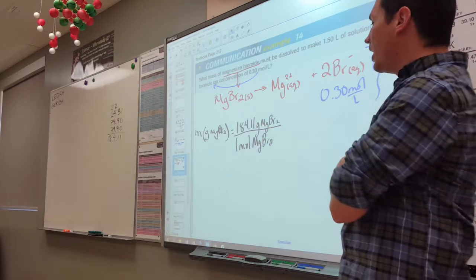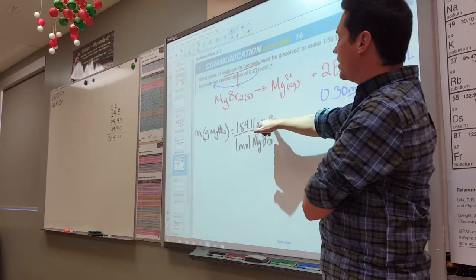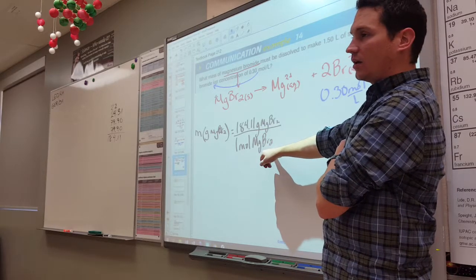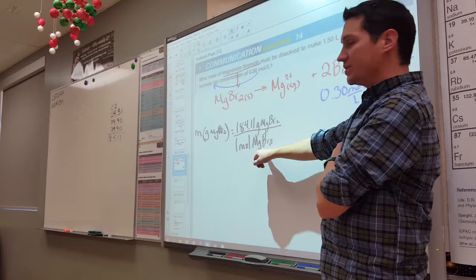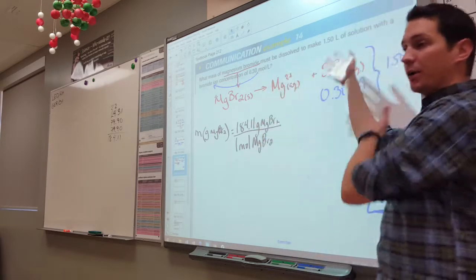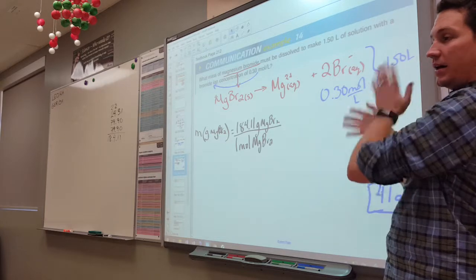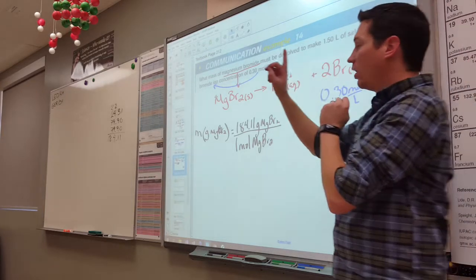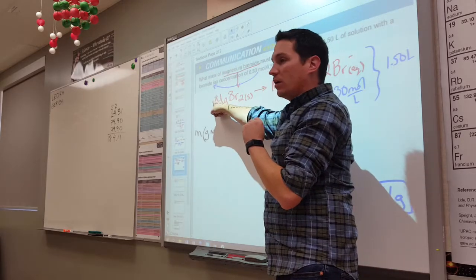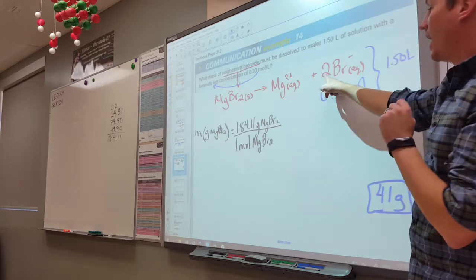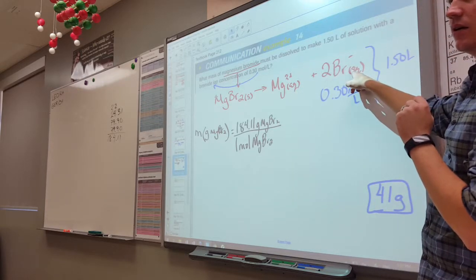But it's important for us to do that. If I want grams of magnesium bromide, what do I have to cancel out? Moles of magnesium bromide. Do you see anywhere in here moles of magnesium bromide? I know 1 mole of magnesium bromide is equal to how many moles of bromide? 2.